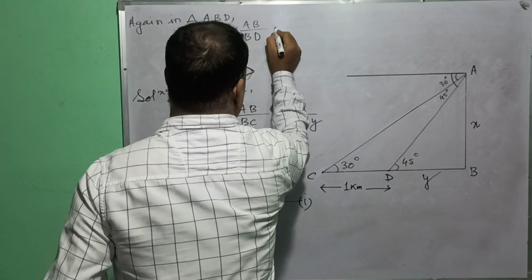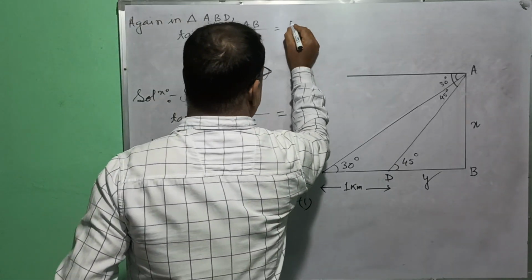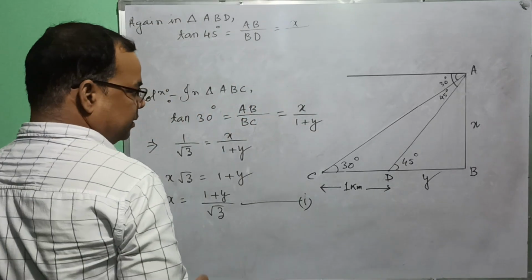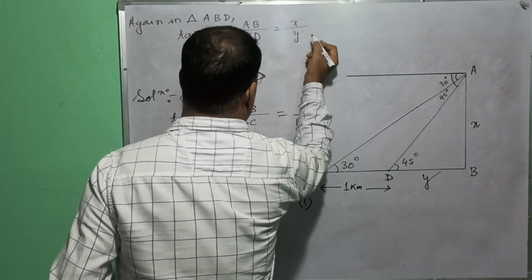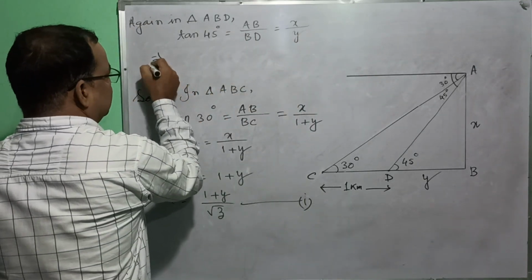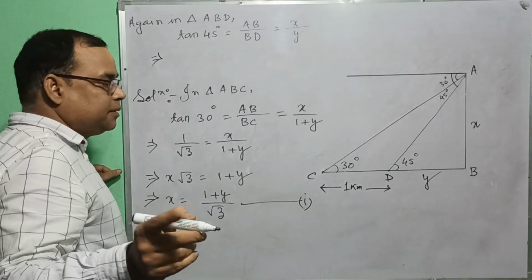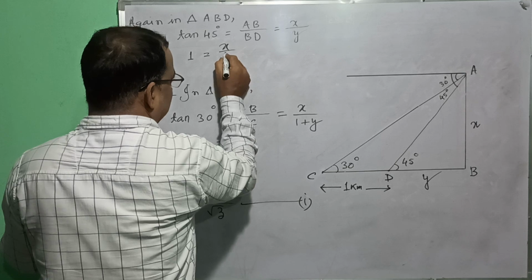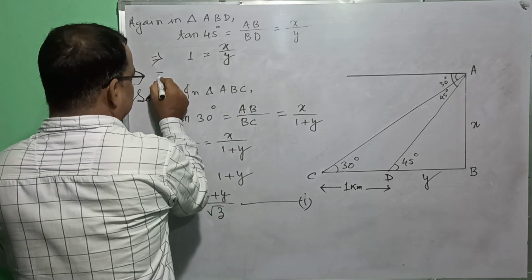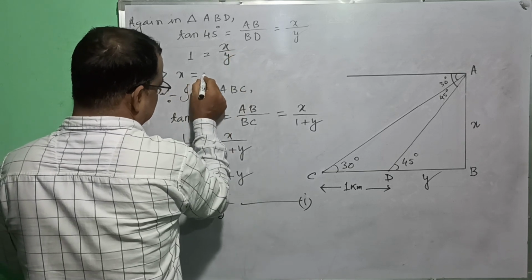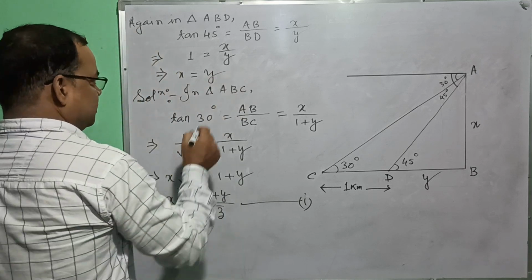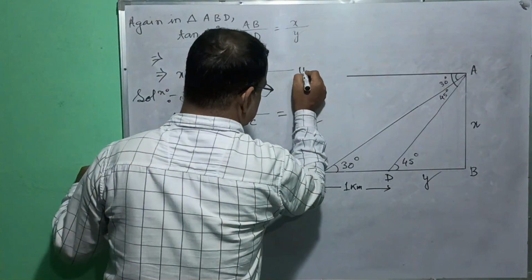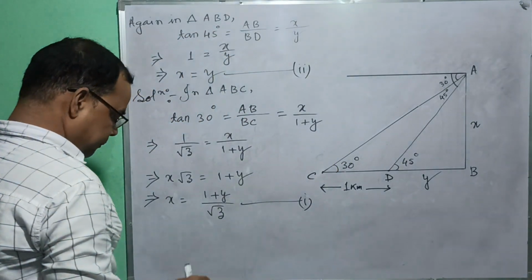AB is X and BD we have taken Y. The value of tan 45 degrees is 1. So we can write 1 equal to X by Y. This implies X equal to Y. We'll give it equation number 2.